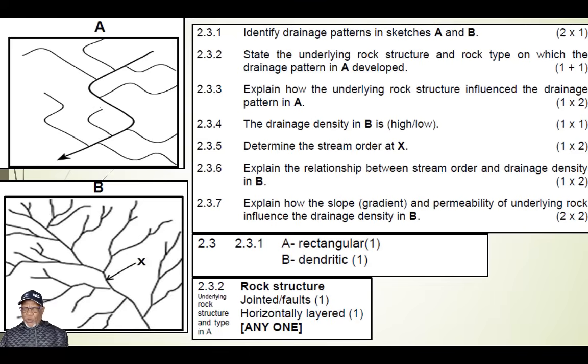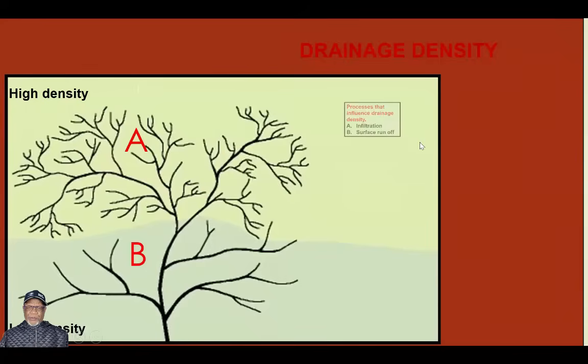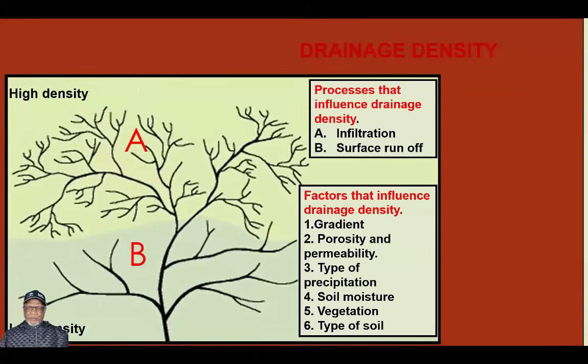Explain how the slope or gradient and permeability of underlying rock influence the drainage density. So let's come to this page now. What are we looking at here? We're looking at drainage density.